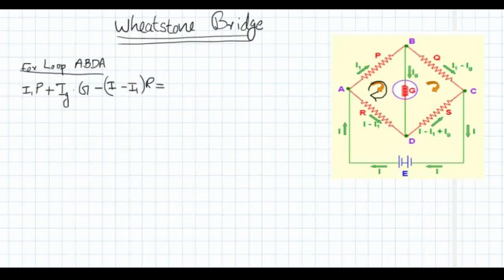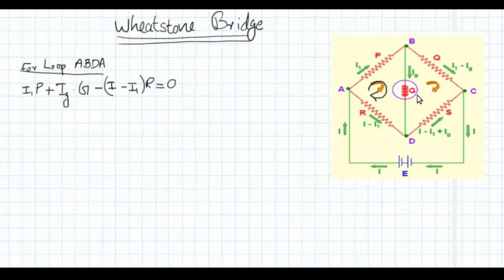Here this G represents the galvanometer, and G represents the resistance of the galvanometer. So the potential drop across the galvanometer is Ig into the resistance of the galvanometer.